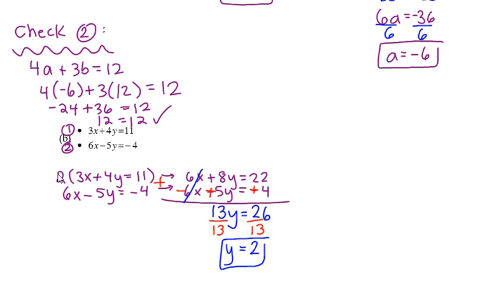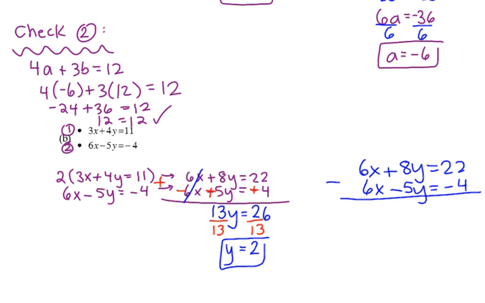If you like subtracting and you don't make those silly mistakes, then go ahead and subtract. So if you had 6x plus 8y equals 22, and then 6x minus 5y equals negative 4, you're welcome to subtract, but you have to be careful. 8 minus negative 5 is positive 13. 22 minus negative 4 is positive 26.